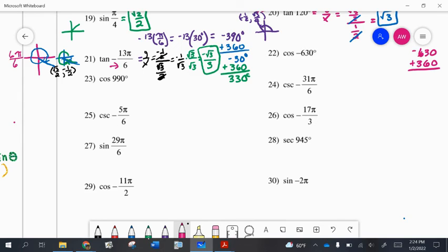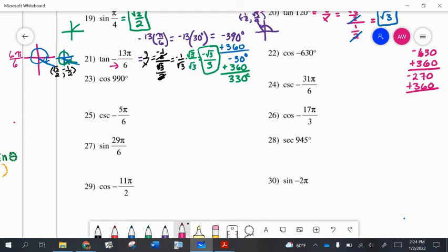So if I just borrow from that 5, we've got more negatives. That's going to give me negative 270.